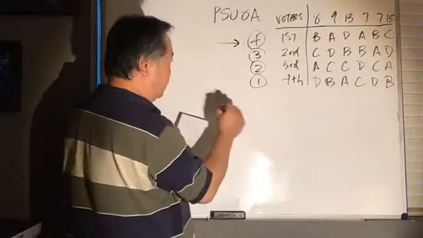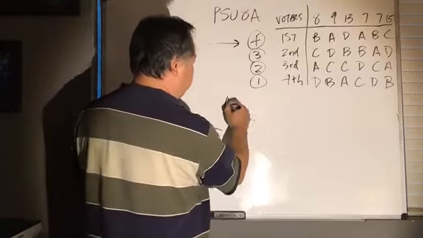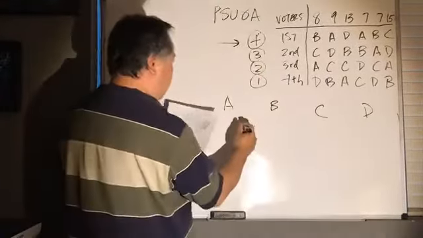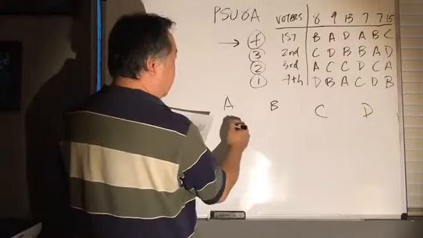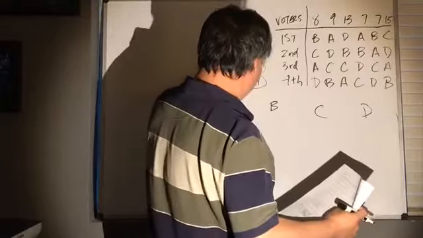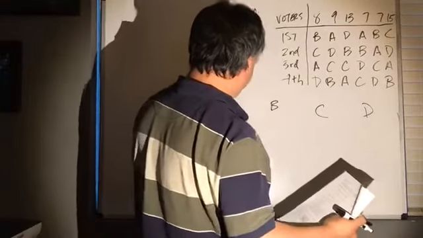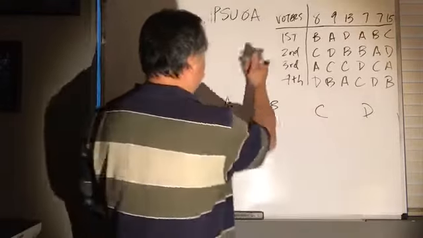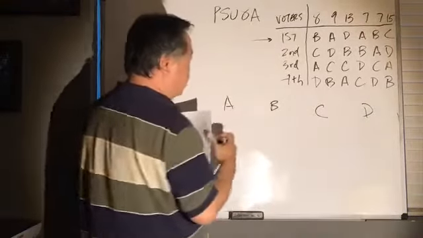We're not doing the Borda count. So A, B, C, D. We're not doing points again. We're only looking at the first place.